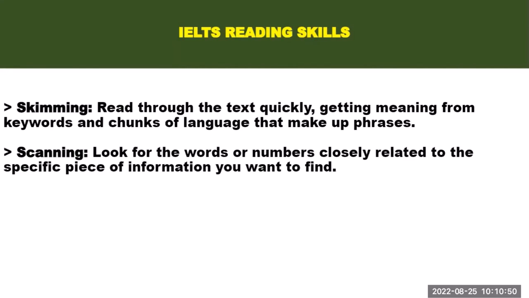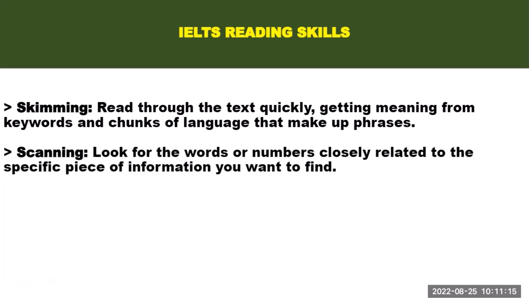We have skimming and scanning. These are two common reading techniques. At high school, you must have learned these reading techniques. Skimming is a reading technique that enables you to read through the text quickly, getting meaning from keywords and chunks of language that make up phrases.